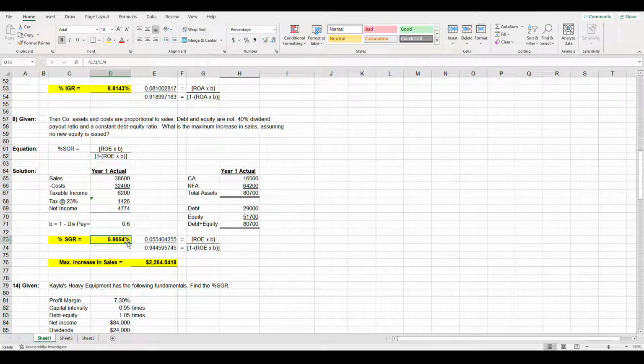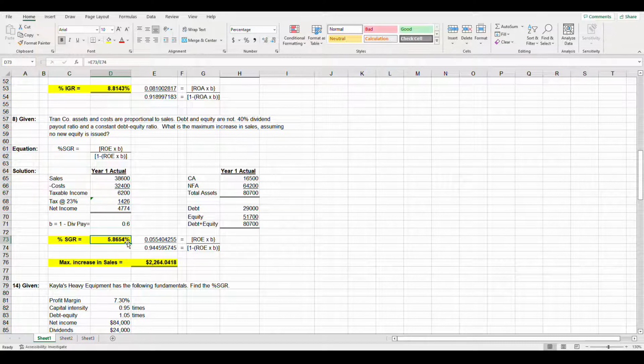We can only take on debt, external financing needed, to plug in 5.8654% to balance out that balance sheet. So that will be the amount of the debt plug. The debt to equity ratio must be the same in year 2 as it was in year 1. Okay, it's got to be the same.